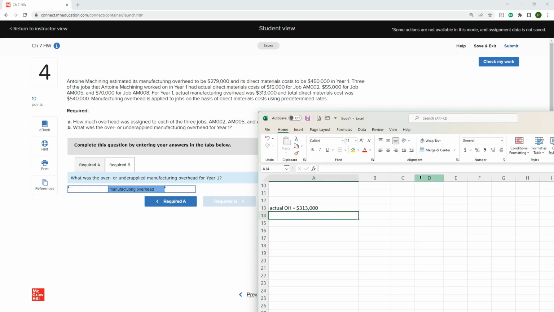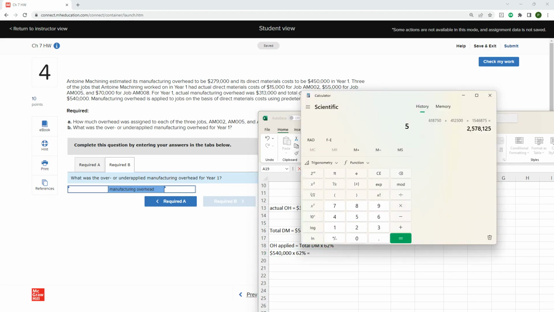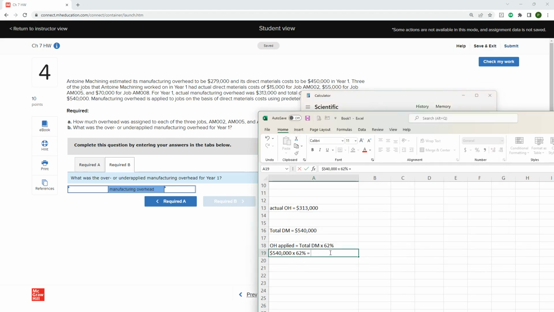So overhead applied is total direct materials multiplied by our predetermined overhead rate of 62%. So that would be 540 times 0.62 equals 334,800. So our actual overhead was 313,000. We applied 334,800. We applied too much. We were over by 21,800. So that's your answer to part B.